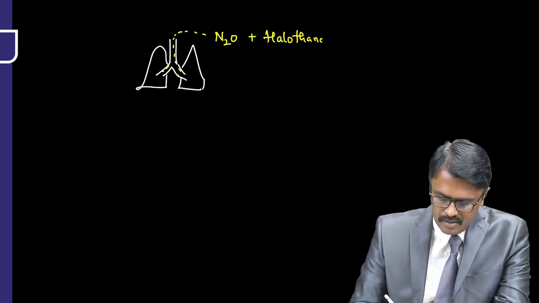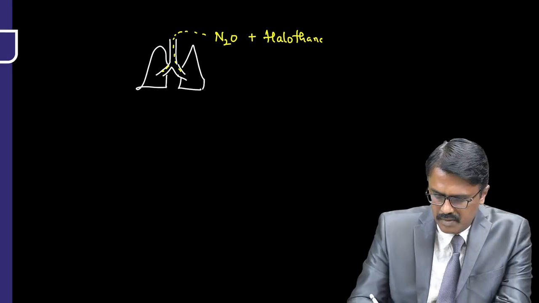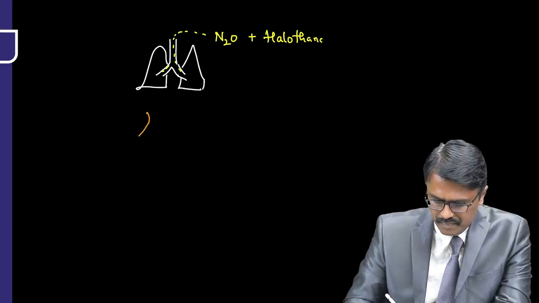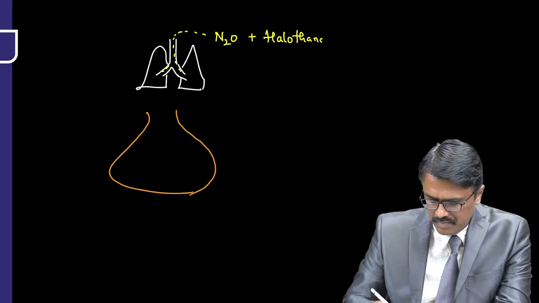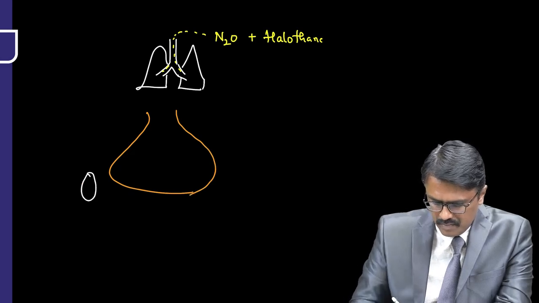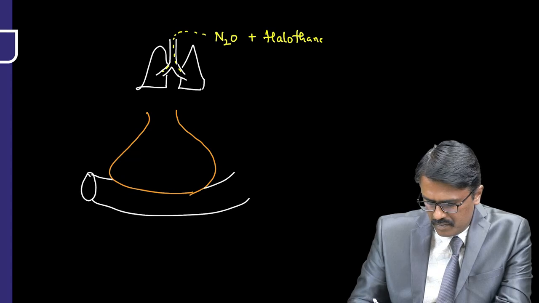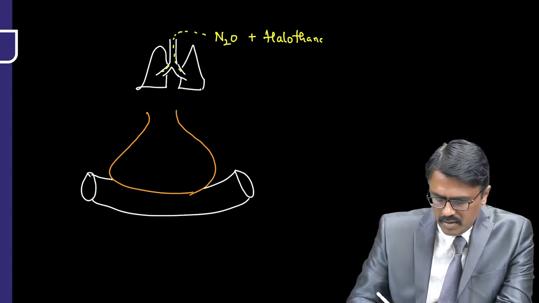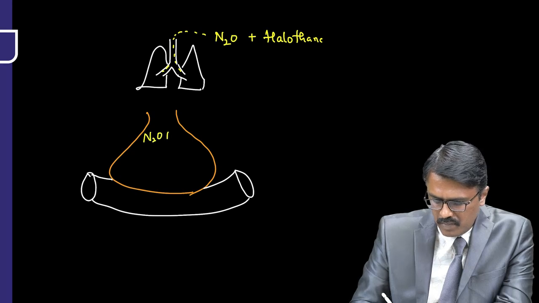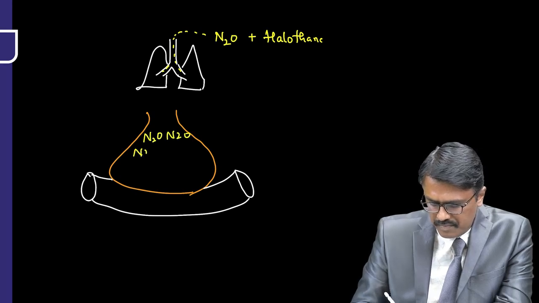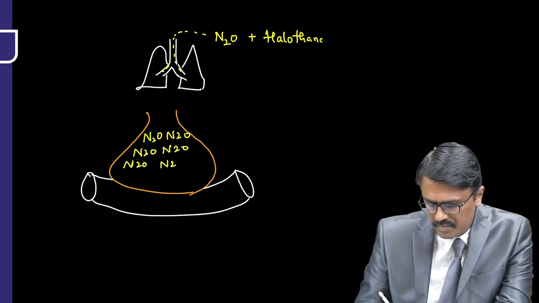Now, what happens when it enters? This is the alveoli. Let me draw the alveoli. This is the alveoli. This is the blood vessel. Now, when we give nitrous oxide, it will occupy a lot of space in the alveoli.